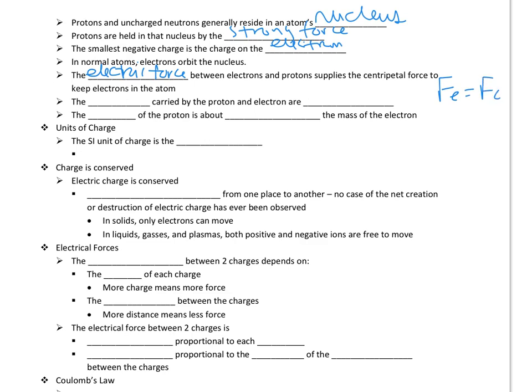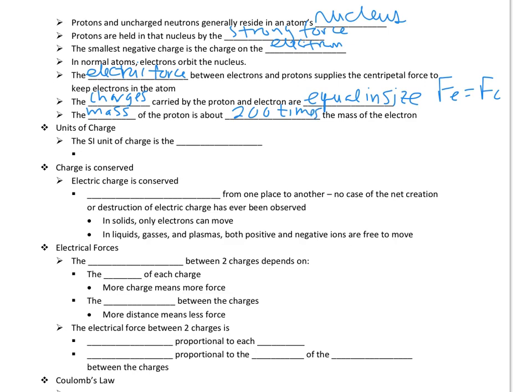The charges carried by the proton and electron are equal in size. So the proton has the smallest amount of positive charge, the electron has the smallest amount of negative charge, and those charges are equal to each other. But the mass of a proton is about 2000 times the mass of the electron.